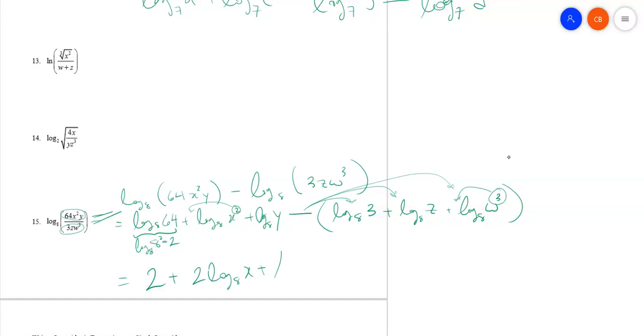And then we have also plus log base 8 of y, minus log base 8 of 3. Also another minus here, we're distributing log base 8 of z. And then minus this 3 comes into the front, so minus 3 log base 8 of w. And that will be the final result for this one.